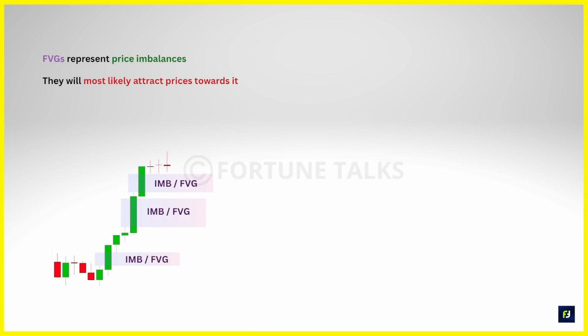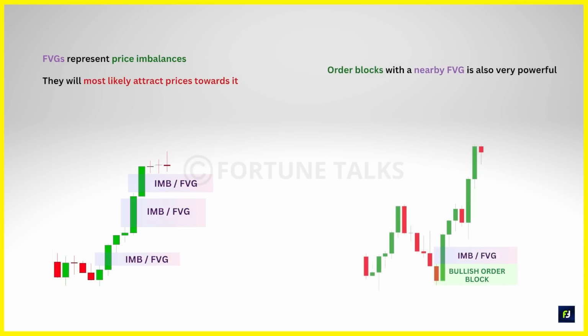Now, fair value gaps represent imbalances in prices. These market imbalances will act like magnets, attracting prices towards them. You could also look for order blocks along with fair value gaps within the discount area of the dealing range. Now, once you have identified a fair value gap within the discount zone, there is a very high chance that prices would pull back deep enough to fill these imbalances completely or partially.